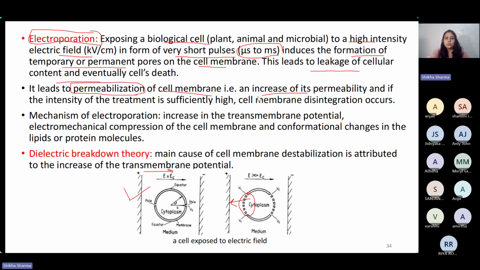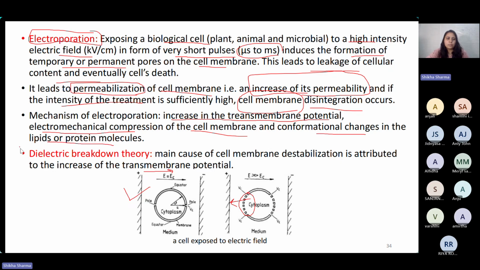So it will increase the permeability of the cell membrane, and if the intensity is very high, the cell membrane will disintegrate. The mechanism behind electroporation is an increase in transmembrane potential, electromechanical compression of the cell membrane and conformational changes in the lipids or protein molecules.